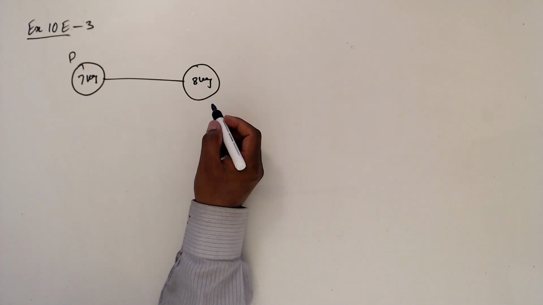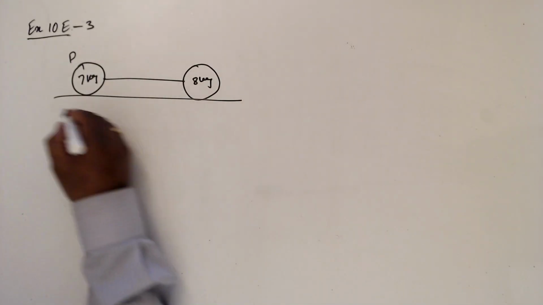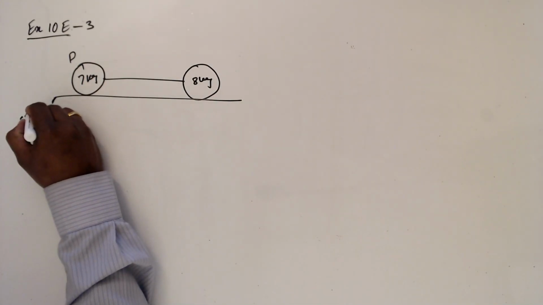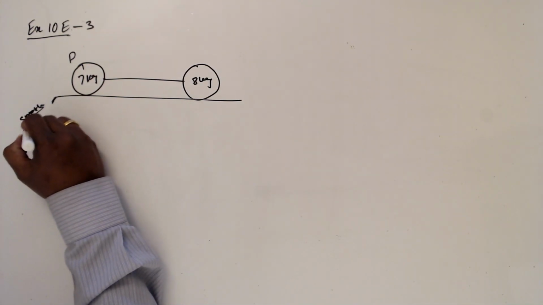Joined by an inextensible wire, on a smooth plane. Smooth, we don't need to write, so no friction.